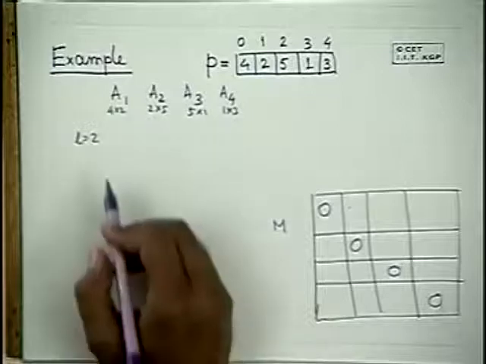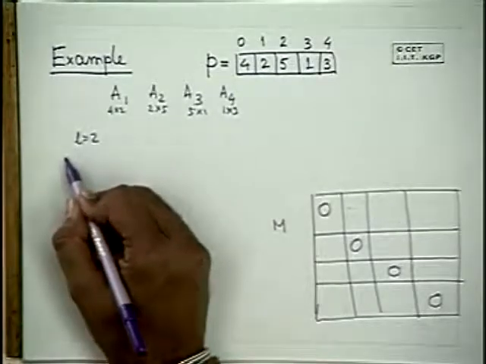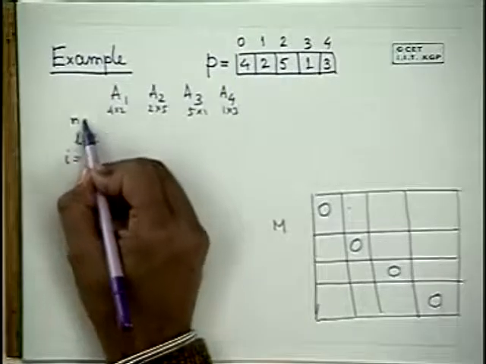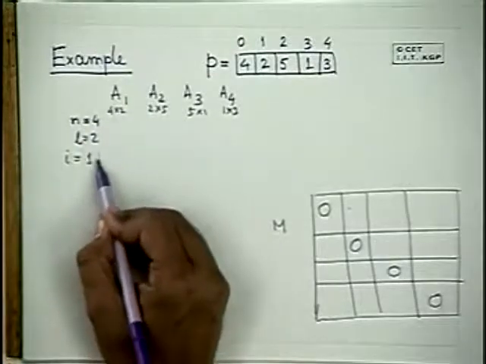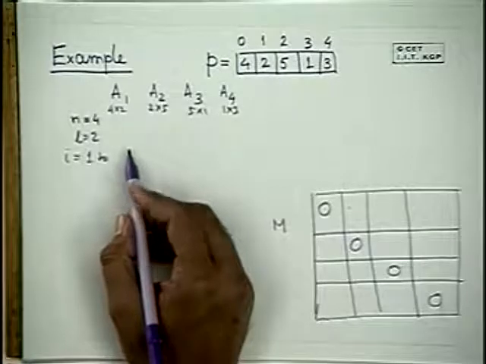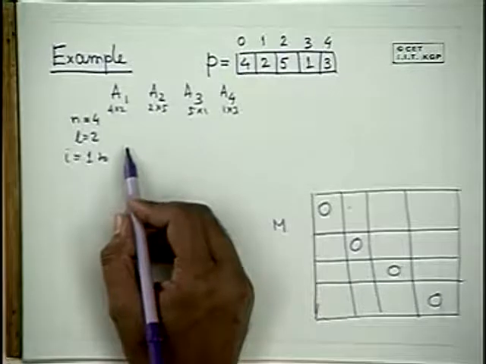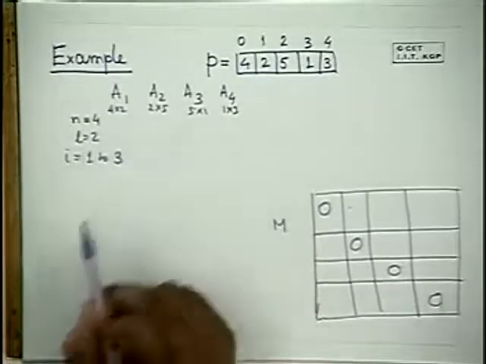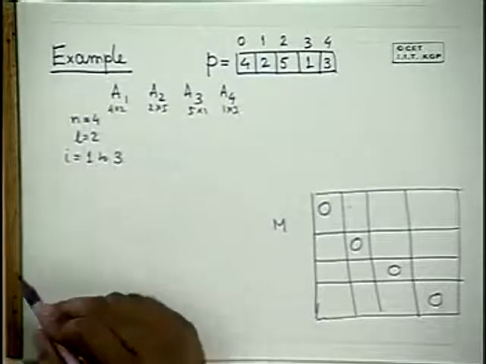Alright. So initially L is equal to 2 and I is running from 1 to n minus L plus 1. What is n here? N is 4. So 4 minus 2 is 2, plus 1 is 3. So I is running from 1 to 3.